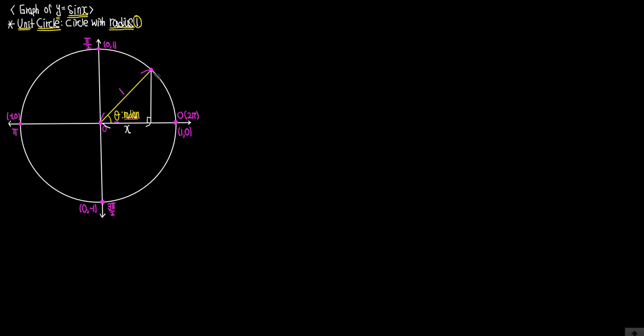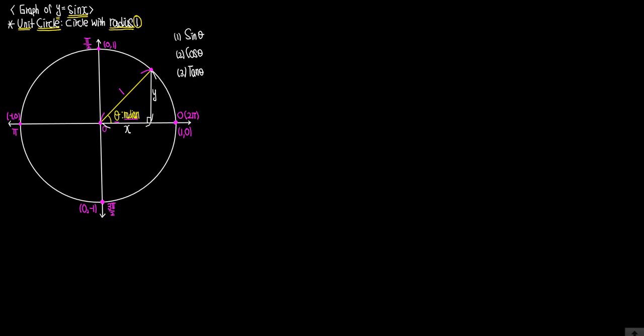And the side opposite our main angle theta we'll notate as the y coordinate, which stands for the y value. From here, we can define all three trig functions just like we did in our previous video: the sine of theta, the cosine of theta, and the tangent of theta.